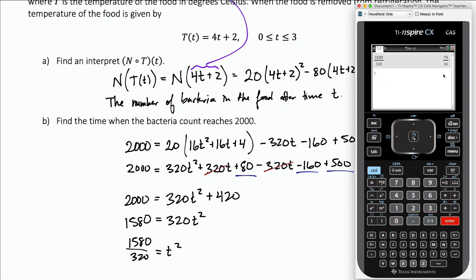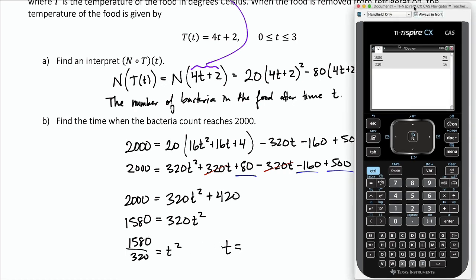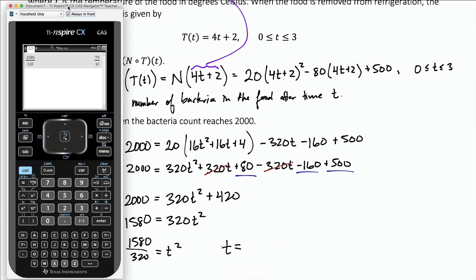We get this fraction here, and I'm going to just take the square root of that. So take the square root of both sides, and t is going to equal. And remember that, of course, every time you do a square root, you get a plus or minus. But we know our domain for t is between 0 and 3, so we're not going to have any negatives. So I only need the positive square root.